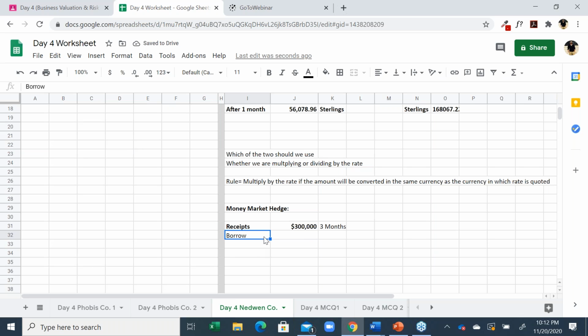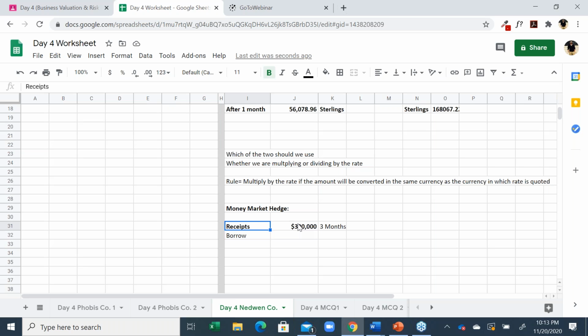What should we borrow? If we borrow $300,000 today and we use it for 3 months, will we be paying more than $300,000 to the bank or less? We will be paying more because of interest.